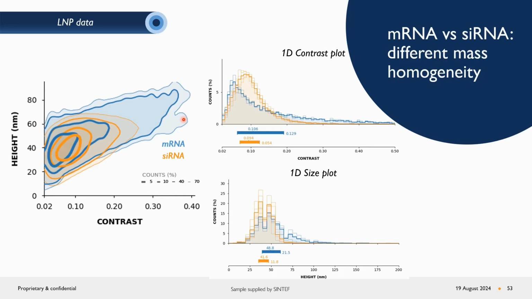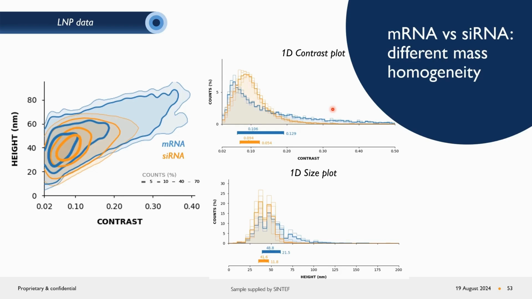This is clear from both the contour plot but also the 1D contrast plot, where you can see that the tailing of the mRNA-loaded sample is much broader compared to the siRNA-loaded sample. This is probably due to the fact that siRNA is a much smaller molecule, and the way it packs inside of the lipid nanoparticles is different compared to mRNA, which is a much larger molecule.